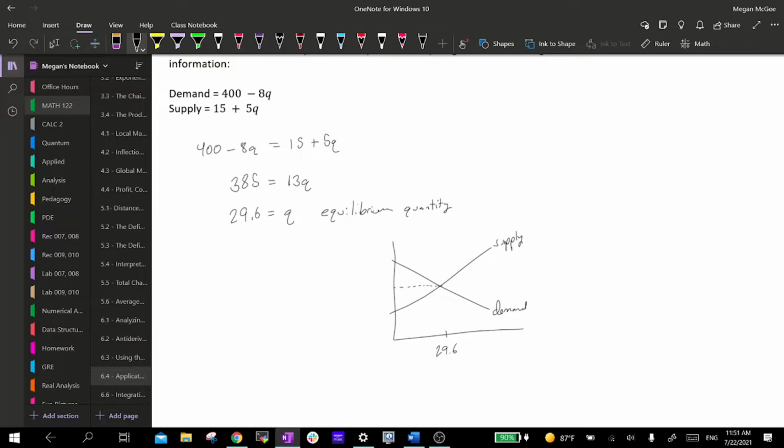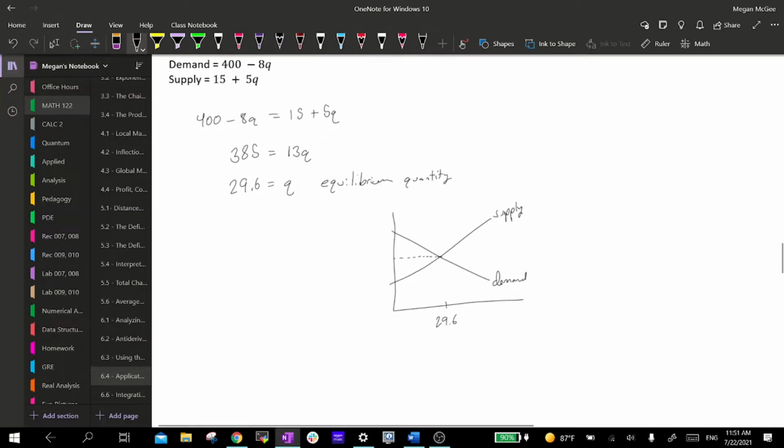All right, so for our consumer surplus, well, this is the integral starting at 0, all the way up to our equilibrium quantity, 29.6, of we need to find the top function minus the bottom function.